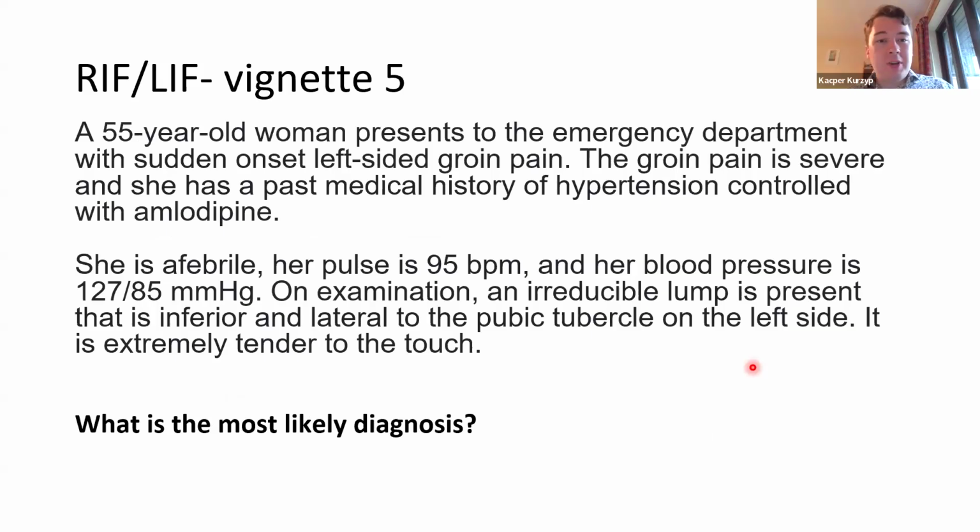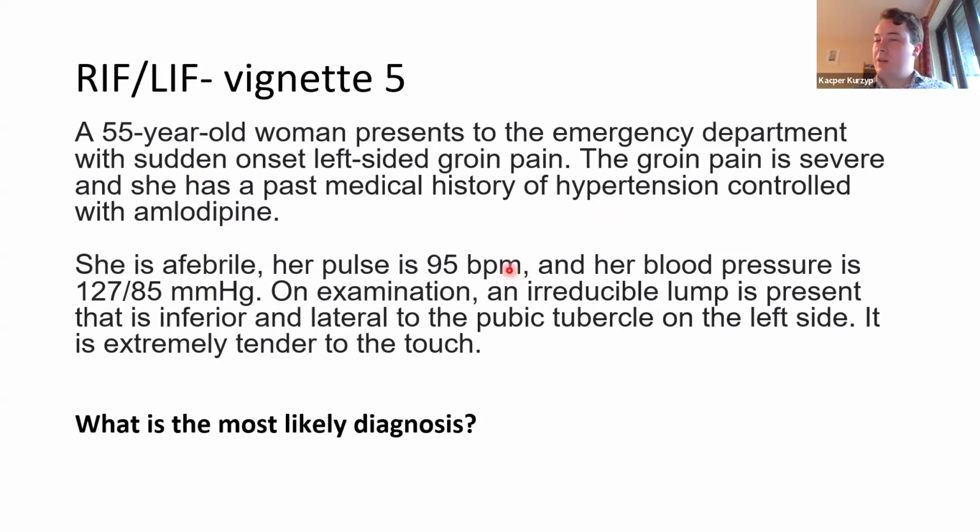Patient 5, it's 3 a.m. and you have had enough, but the patients keep coming. A 55-year-old woman presents to the emergency department. Sudden onset left-sided groin pain. It is severe. She has a history of hypertension controlled with amlodipine.